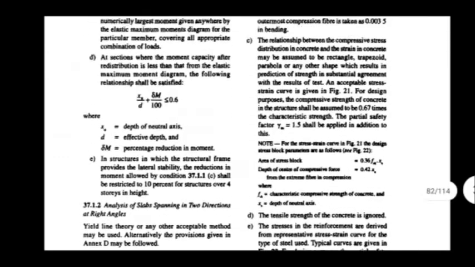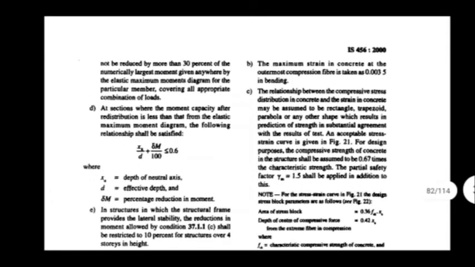Next, assumption B: the maximum strain in concrete at the outermost compression fiber is taken as 0.0035 in bending. Now, let's check the diagram you saw earlier. In figure 7b, the topmost, that's my outermost fiber, is already written as 0.0035. So the value is taken from this assumption.